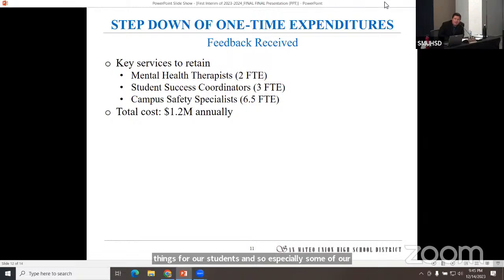And the campus safety specialists, that's 6.5 FTE, the largest, at least in terms of an FTE, that are really making the campuses safe places for our students to be. So the feedback we received around those positions reflects about $1.2 million of annual cost.